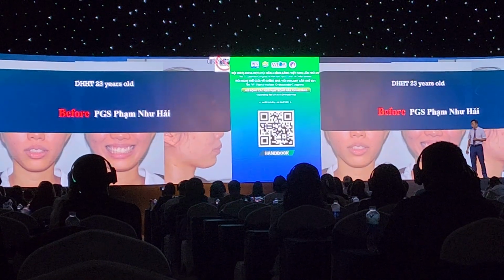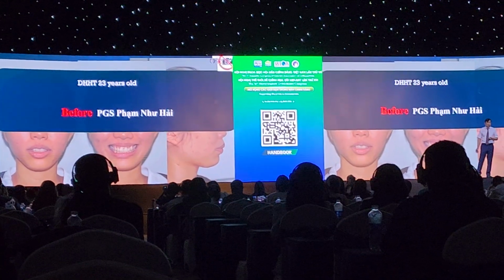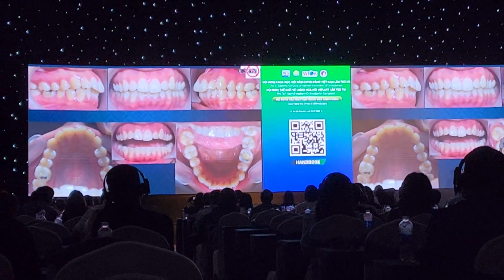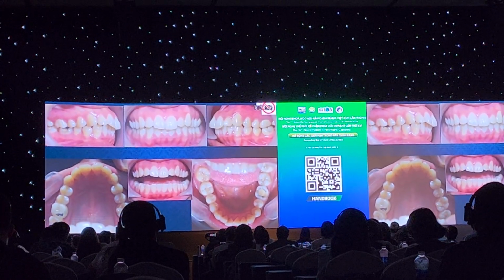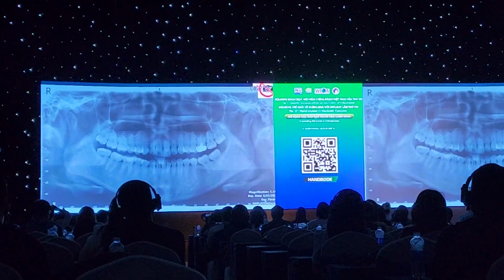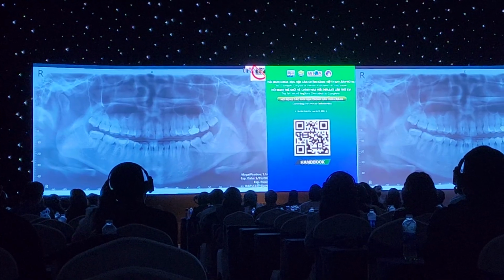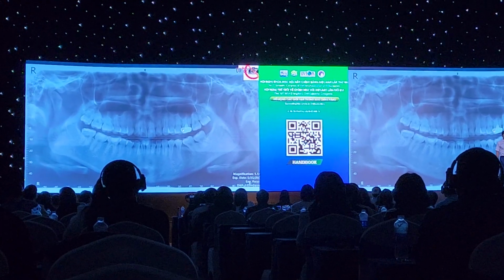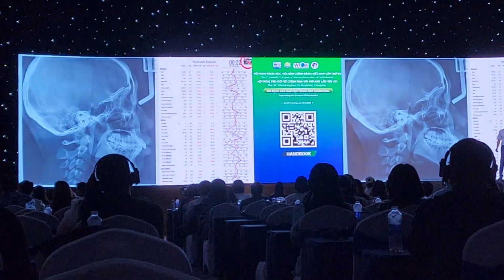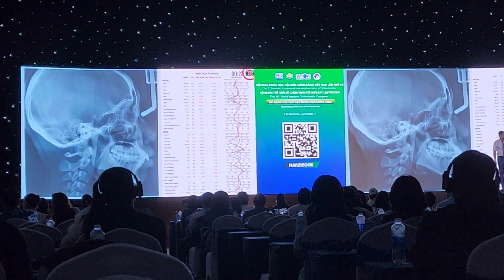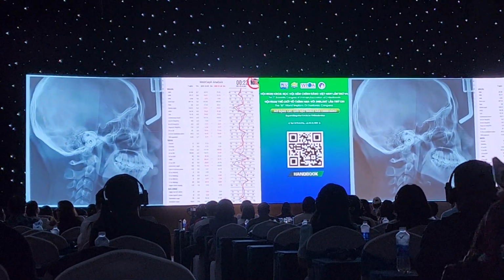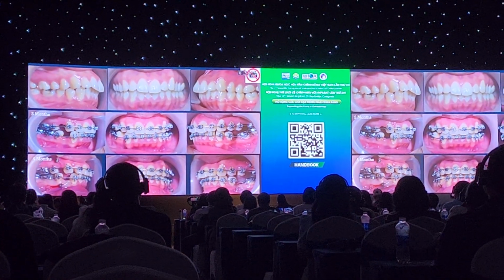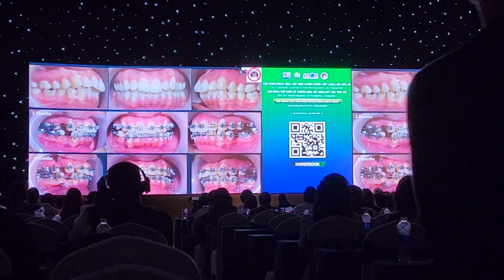Now I will show you my patient. Protrusive, clock one side, clock two, another side. She has angle class 2 molar relationship, first molar, low angle, protrusive. I removed 3 premolars and 1 first molar.